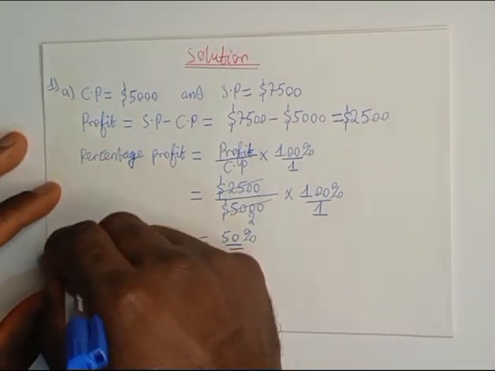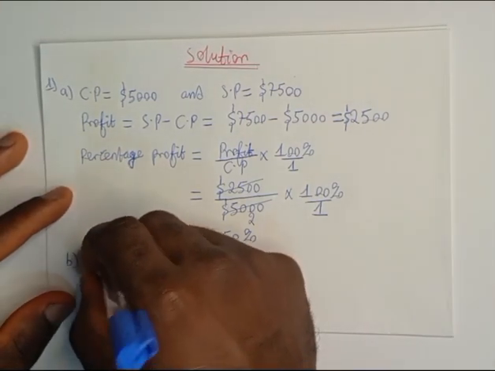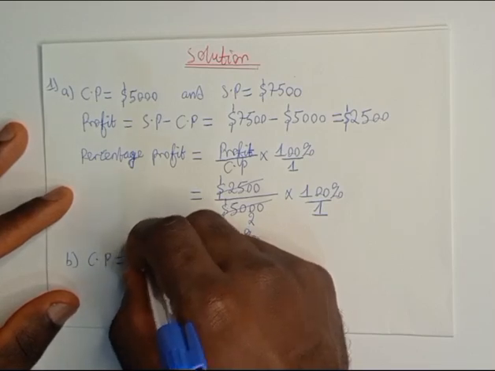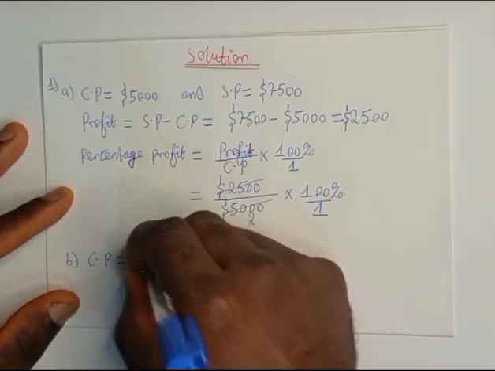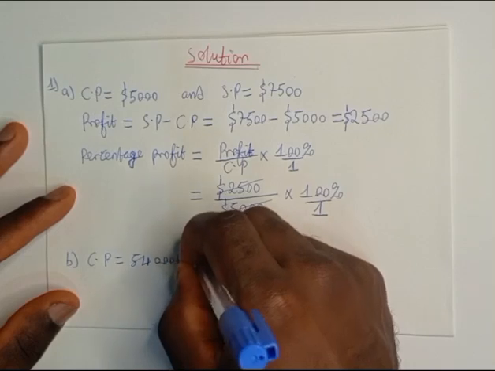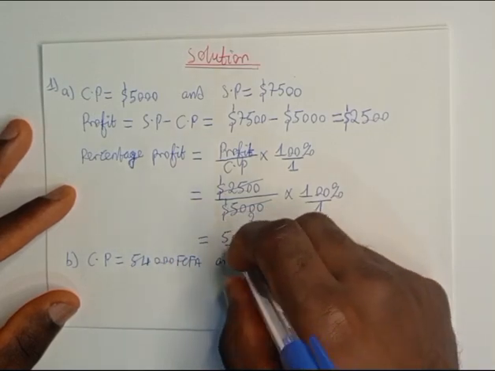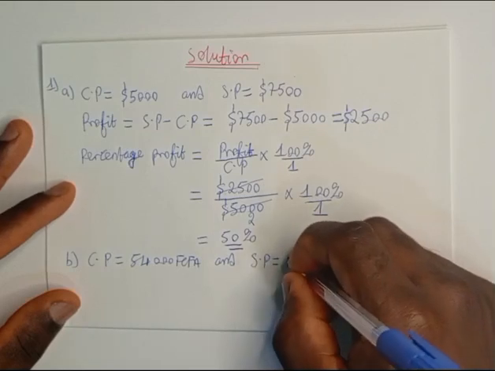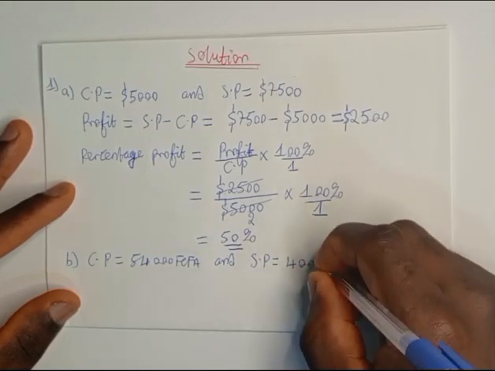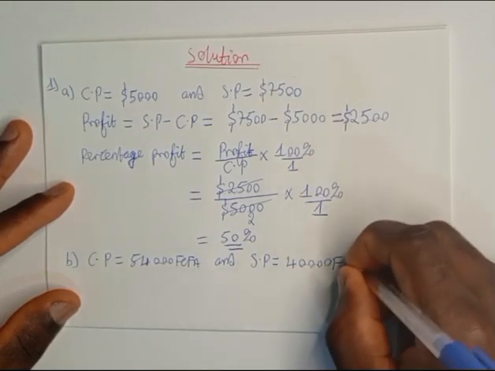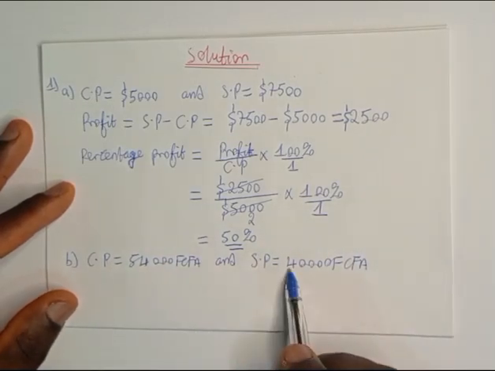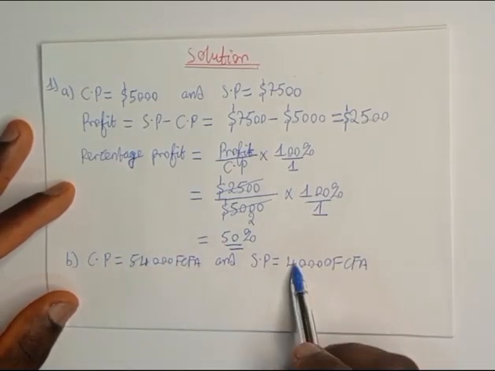For question B, the cost price is 54,000 francs CFA and the selling price is 40,000 francs CFA. Comparing the cost price and the selling price, you will see that the cost price is higher than the selling price.